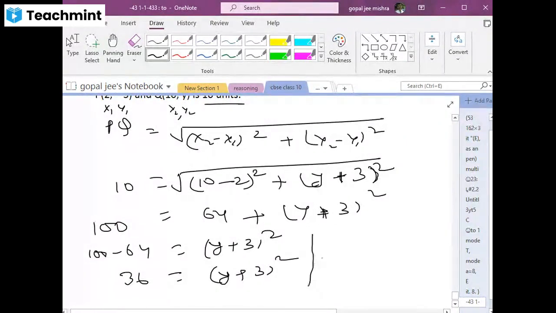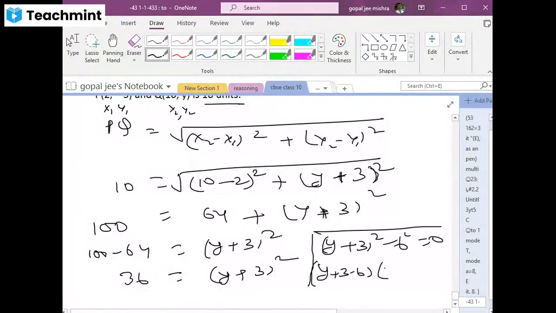Here some of the students get confused, but we can think like this, that y plus 3 whole square minus 6 square is equal to 0. A square minus b square is the right formula to be used here, that is a minus b into a plus b. I can see that y plus 3 minus 6 that is a minus b and y plus 3 plus 6 that is a plus b is equal to 0.